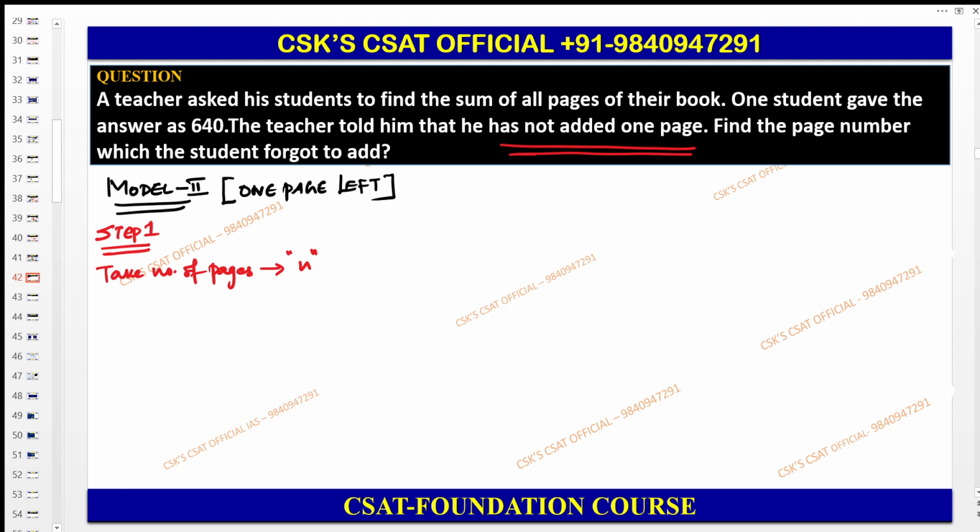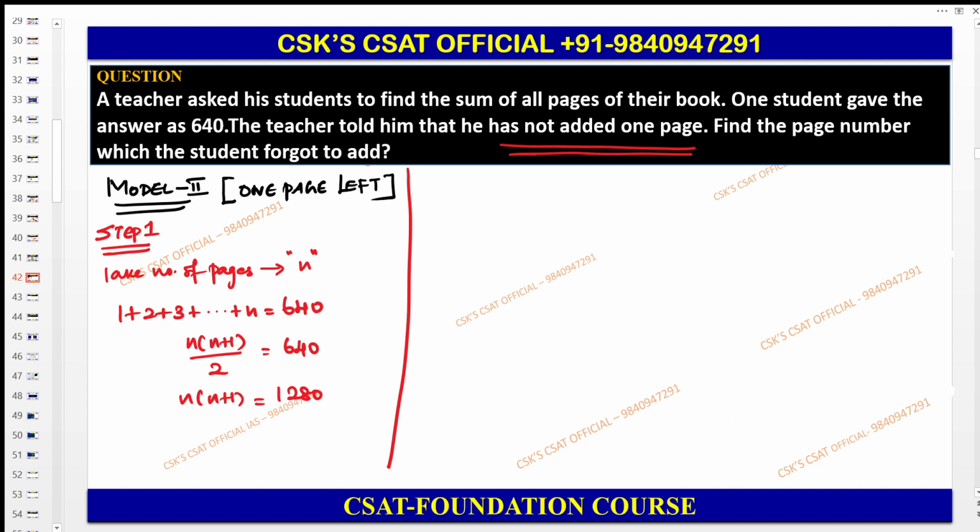The summation has been provided as 640. So 1 plus 2 plus 3 up to n is equal to 640. Now n into n plus 1 by 2 is equal to 640. Now n into n plus 1 is equal to 1280.